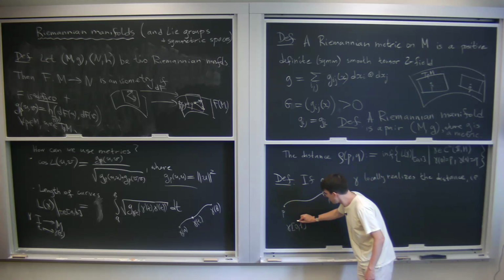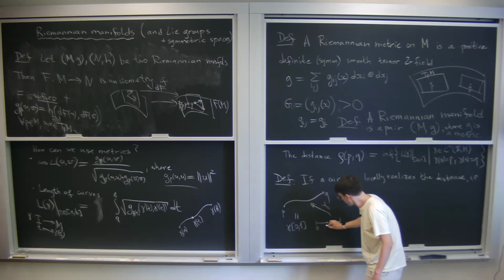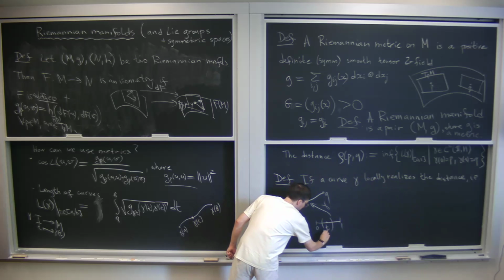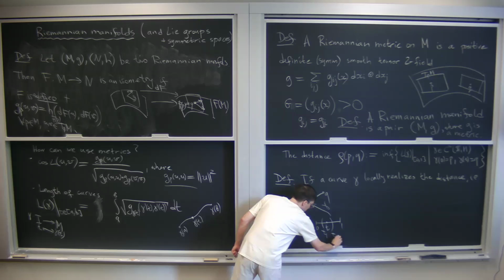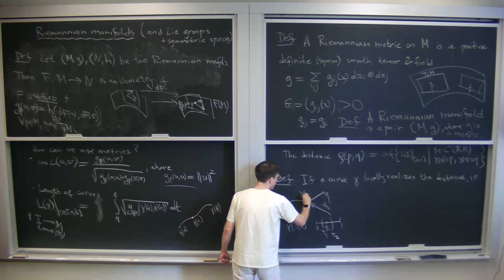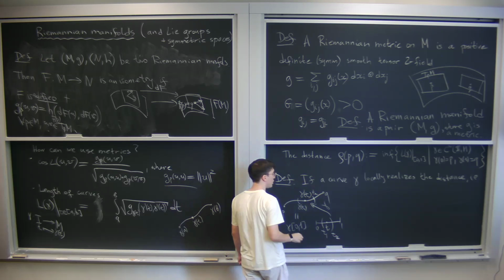Then for every point t here, I want to have some interval [t1, t2], so my gamma of t is some point here, between gamma of t1 and gamma of t2.